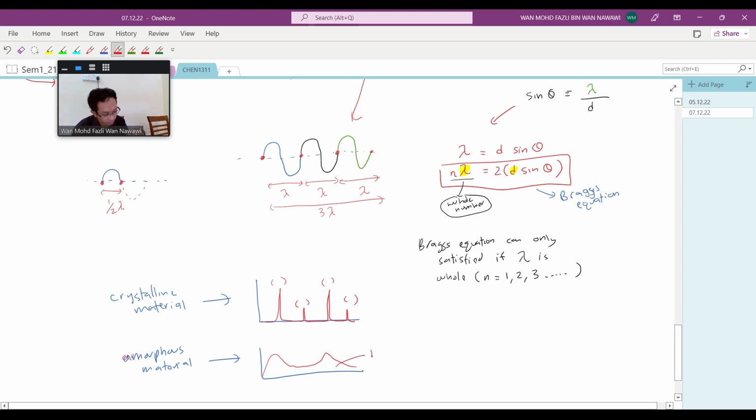We call it broad, not sharp. Why is it broad? Because this one is sharp. The reason why this is sharp is because the X-ray waves interfere constructively, very exactly. This will exactly go like this, and then you get bigger.